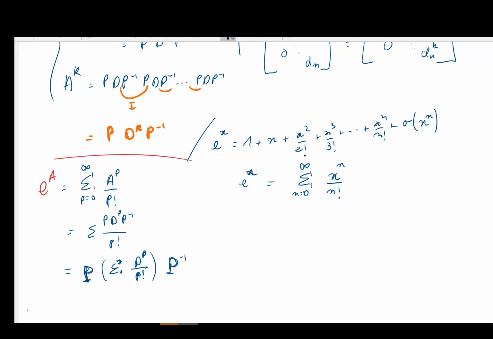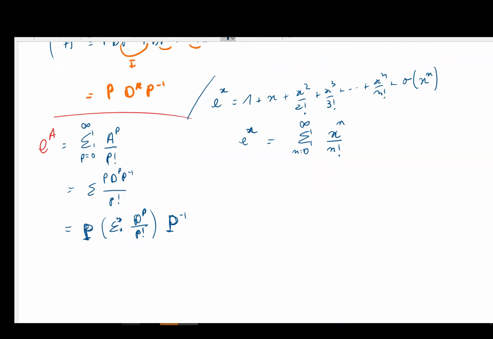And so I've got my sum of my diagonal matrix to the power p divided by p factorial, and the sum of diagonal matrices is just going to be diagonal, and on the diagonal you're going to get expansions like this, so you're going to get exactly the exponential of D. The exponential of my diagonal matrix is just going to be exponential of d1, exponential of d2, exponential of dn.